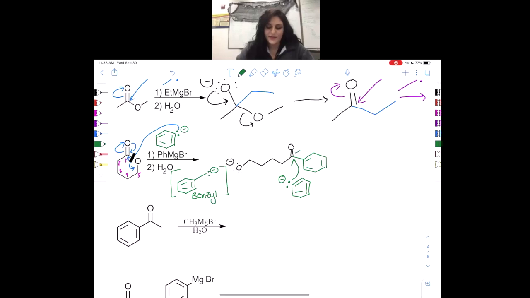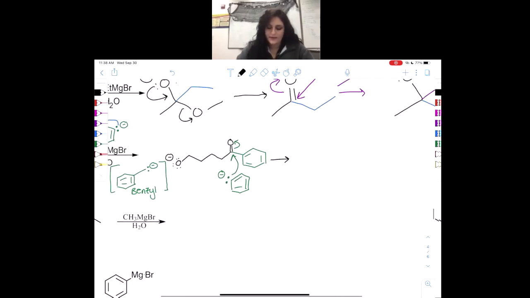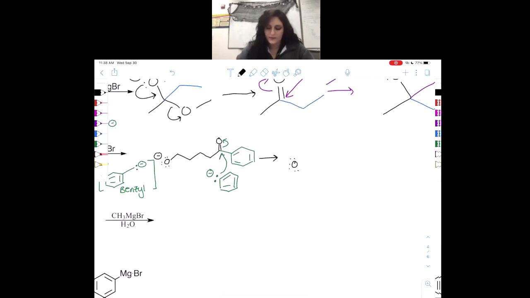So we're going to attack one more time, kick those electrons up. And now we still have that negatively charged oxygen because I chose to protonate it at the end. And now we no longer have that double bond. We just have a negative charge. And we have 2 phenyl groups, which I'm trying to draw sideways, and it looks horrendous, but that's fine. You guys get the idea.